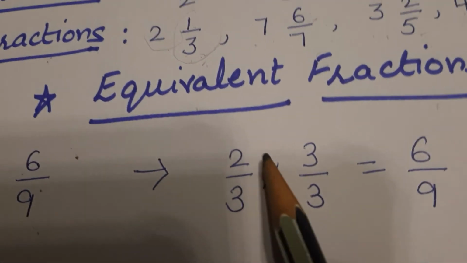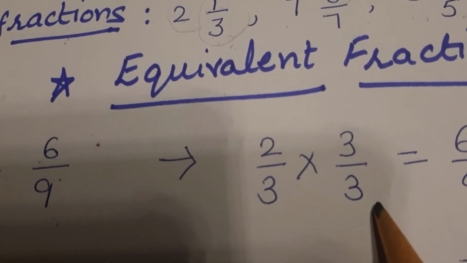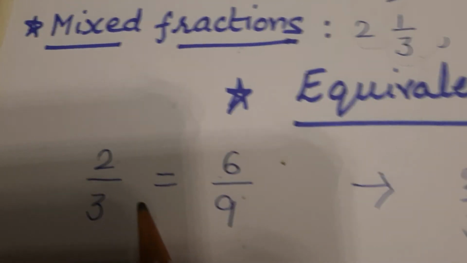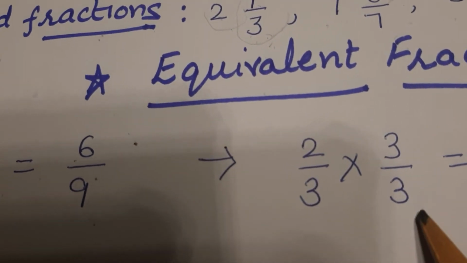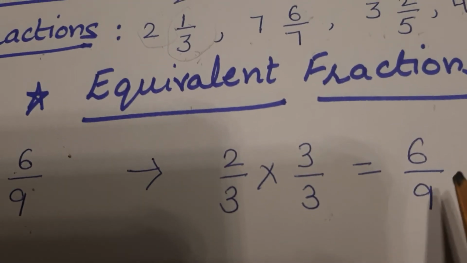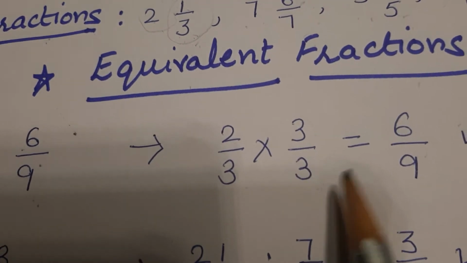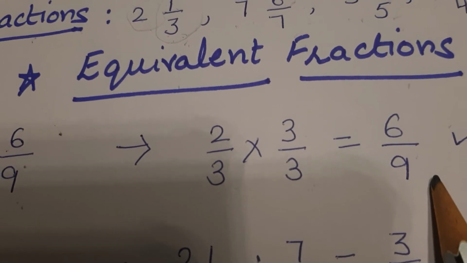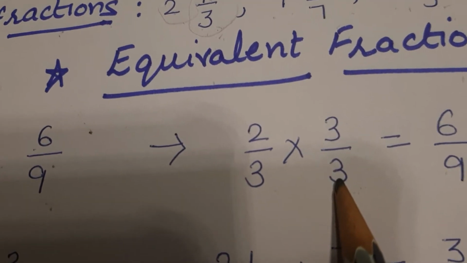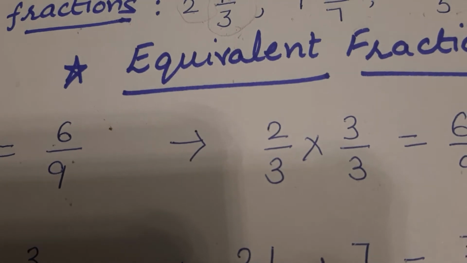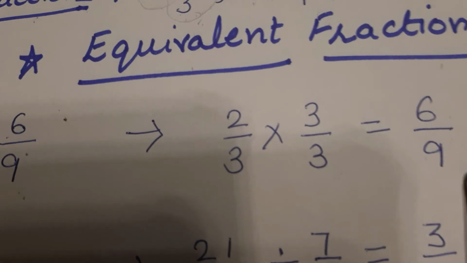If we multiply and divide the first fraction with the same number, then what are we getting? 2 3s are 6, 3 3s are 9. After multiplying with the same number we are getting the same value. Now 2 by 3 is equal to 6 by 9.